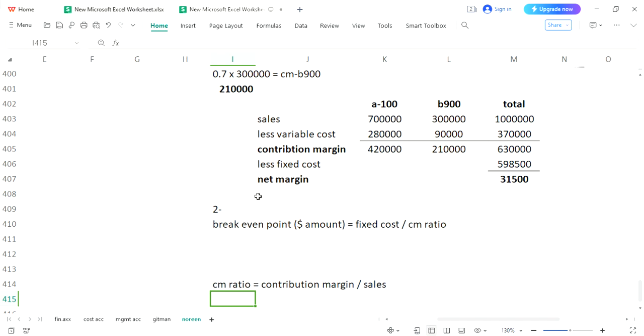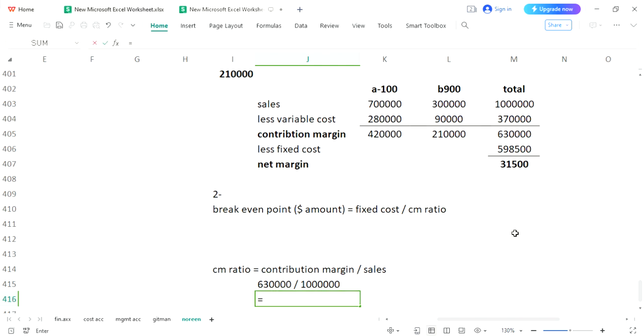Here you can see your contribution margin is 6 lakh 30,000. So you can put over here 6 lakh 30,000 and it would be divided by sales, which was 1 million. So put 1 million over here.